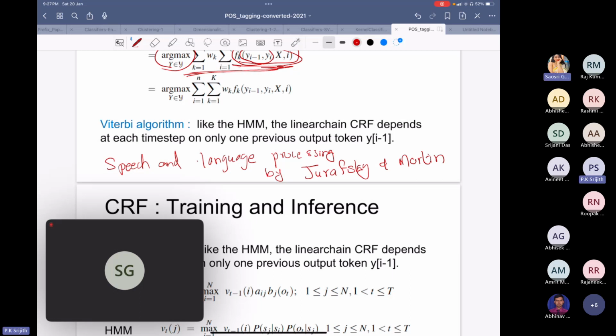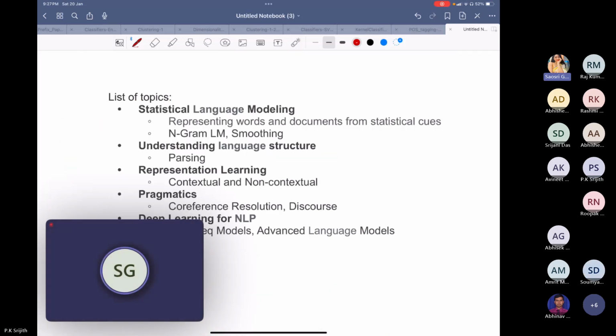Sir, is there any plan as to which faculty will cover which part? These are the topics, and all the parsing, then coreference resolution, discourse analysis, Professor Maunendra will be covering.